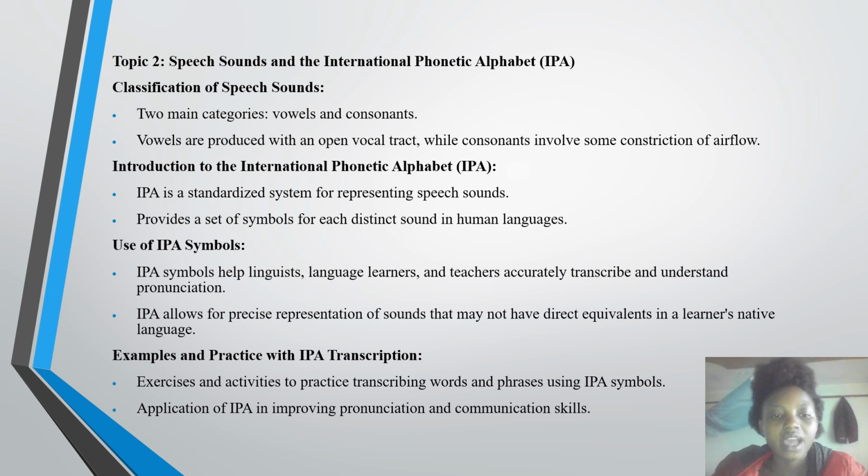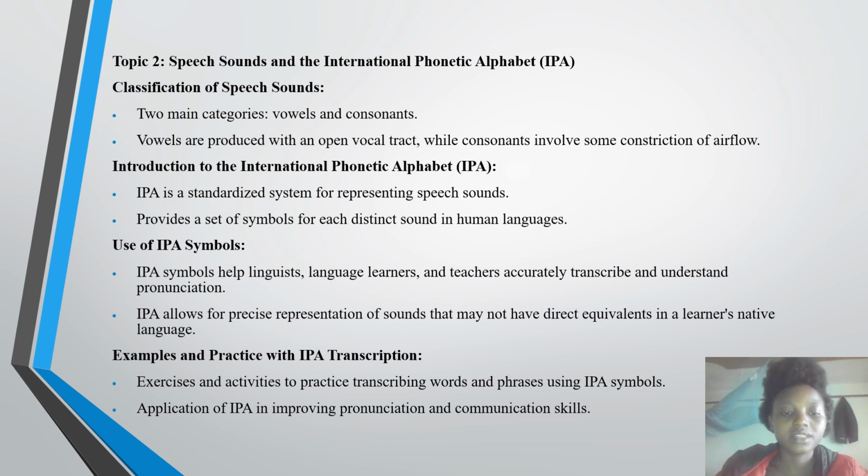IPA symbols help linguists, language learners, and teachers accurately transcribe and understand pronunciation. IPA allows for precise representation of sounds that may not have direct equivalents in a learner's native language.